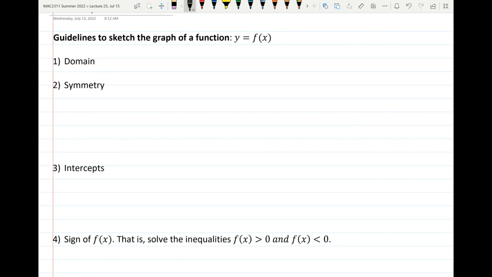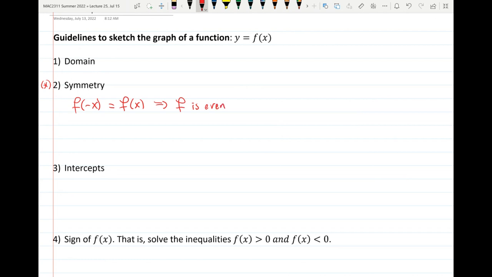And after that, step number two. Again, as I mentioned last time, this is an optional step, but if the function has symmetry, it's helpful to know it. So find the symmetry of a function, and just as a reminder, you do this by plugging in negative x into the function. If it turns out that after simplifying you get back the original formula, the function itself, this means that f is even.